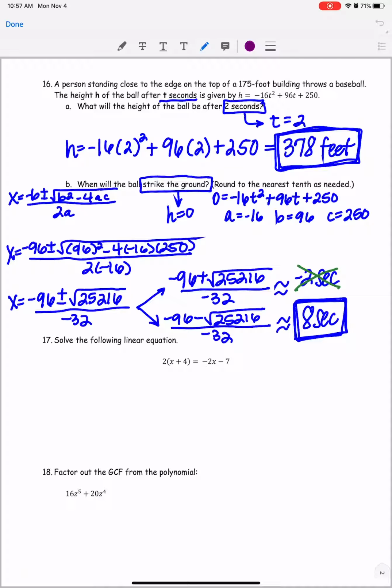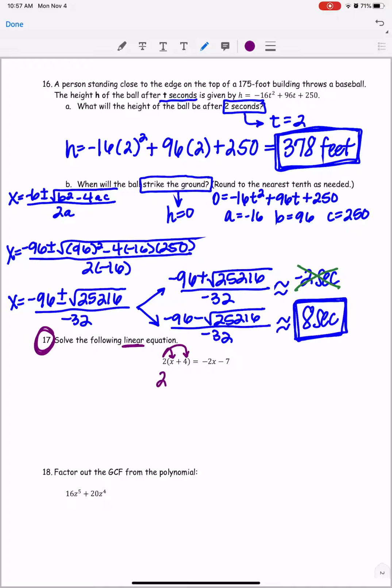Number 17. This is a missed question, and it should not be. It literally tells you to solve the linear equation. This means you have one answer. Solving linear equations and quadratics are different. On this one, when you solve, first we've got to distribute.